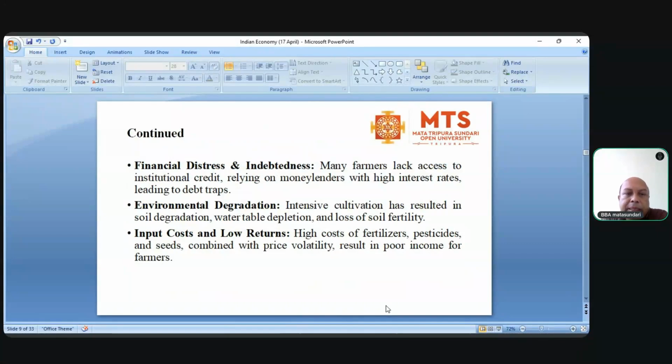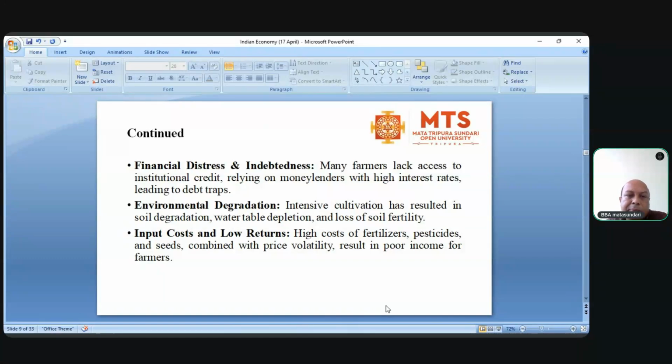Financial problem is also a big challenge for farmers in Indian agriculture. Farmers in many areas in India, their financial condition is not good. They have a shortage of funds, and many times they are unable to collect loans or credit from banks or other types of financial institutions.